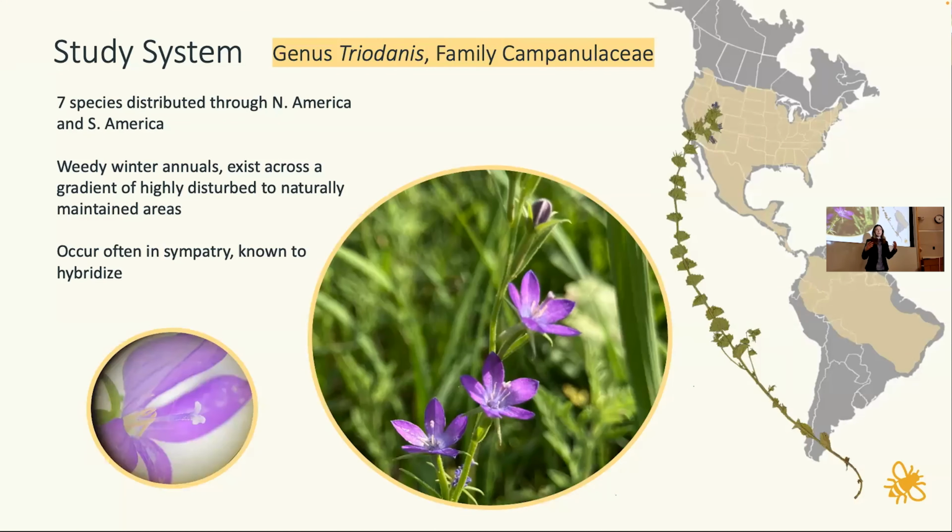It exists in a gradient of habitats, so we find it in both natural and disturbed areas. And it often occurs in sympatry, or it co-occurs. So you'll often find a population with several different Triodanis species.